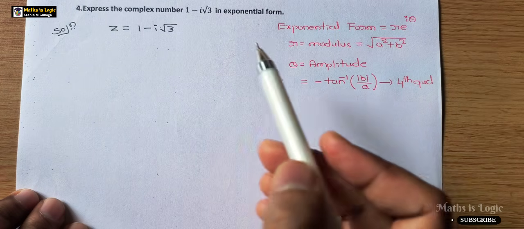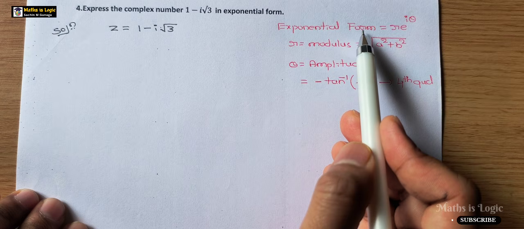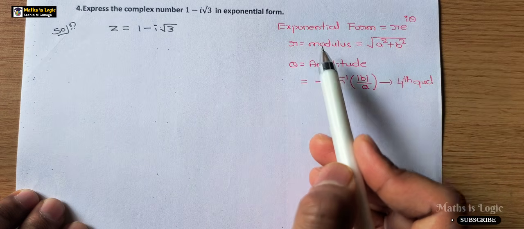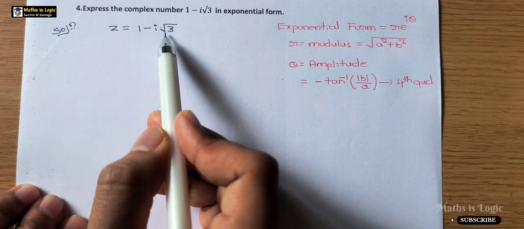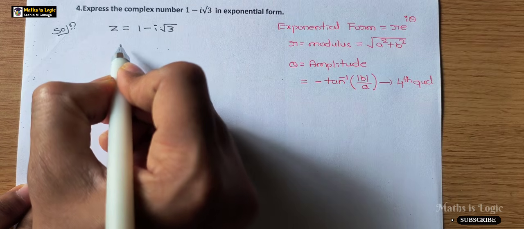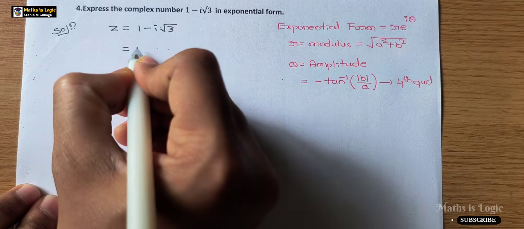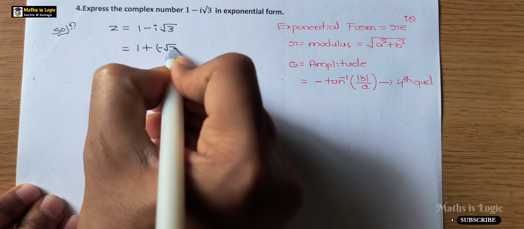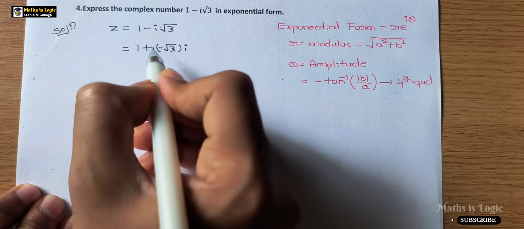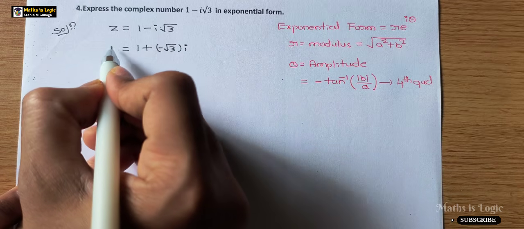So before finding the exponential form, first we need to find the modulus as well as the amplitude. Therefore, write the given complex number. Next, rewrite this. How am I going to rewrite? 1 plus minus root 3 into i. So plus into minus is minus.